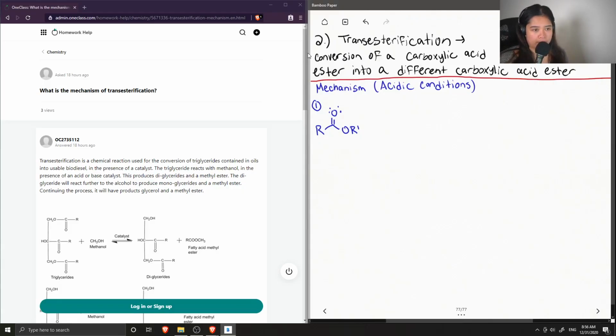And step 1 is the protonation of the carbonyl.